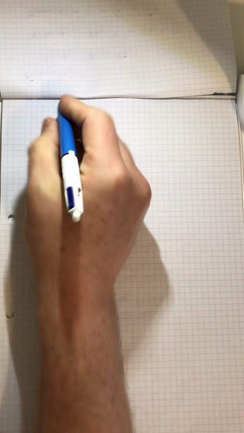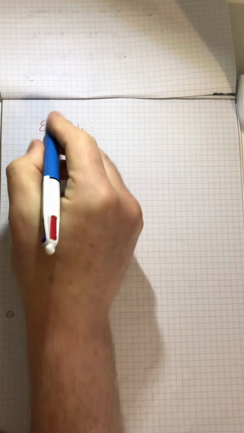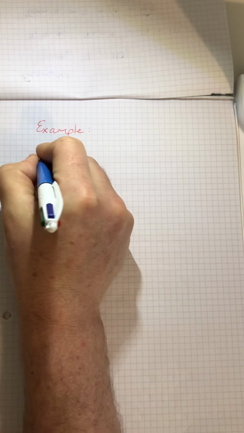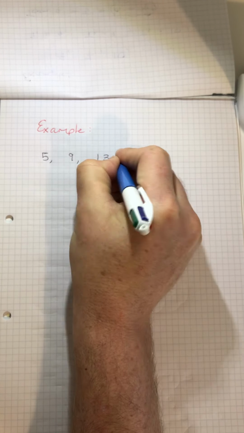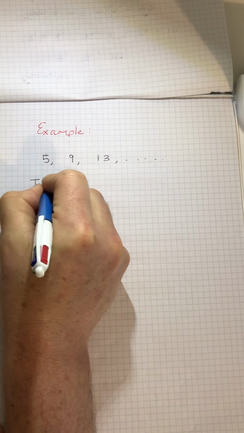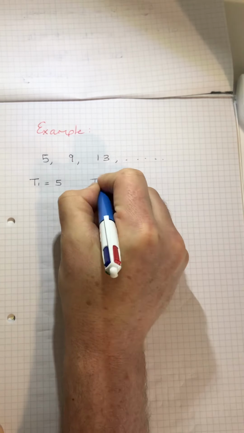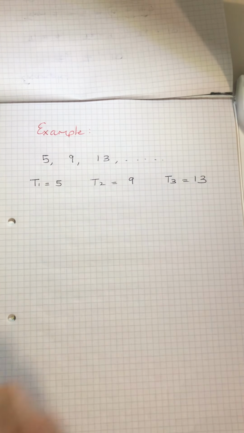We'll do another example. So supposing we have 5, 9, 13 and so on. Okay, so T1 is 5, T2 is 9 and T3 is 13.